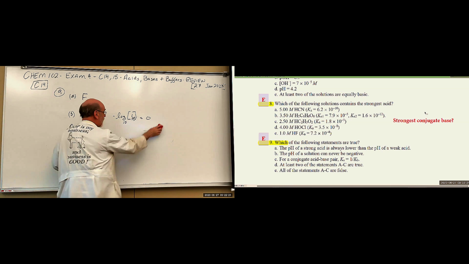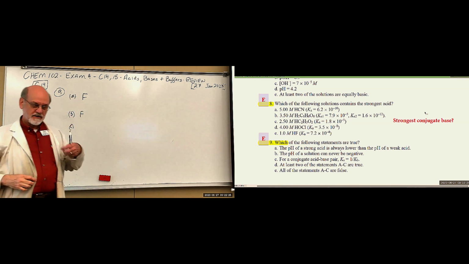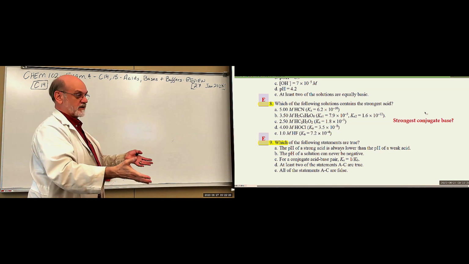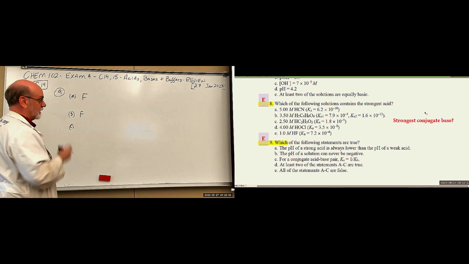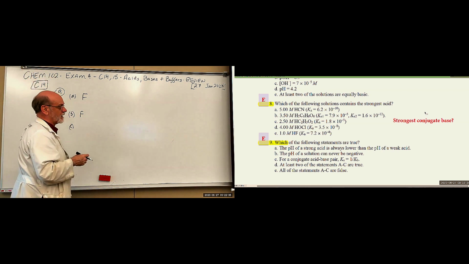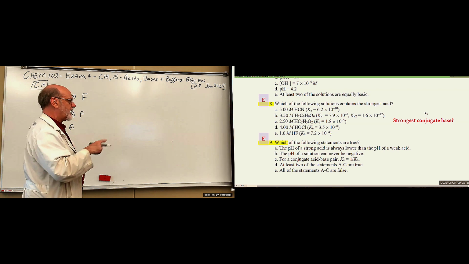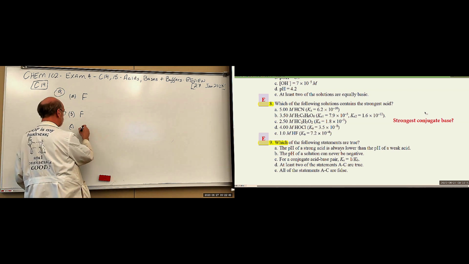And the reason for that is that Sorensen's formula is just a mathematical expression, right? And it is what it is. For a conjugate acid-base pair, Ka equals 1 over Kb.